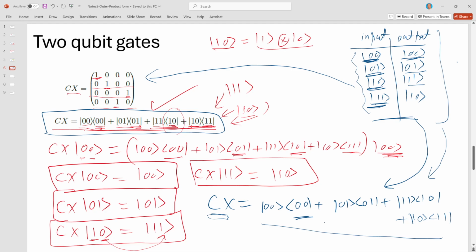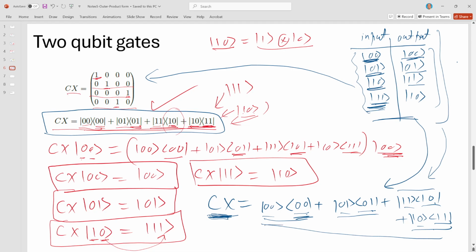So I can write all of these four terms independent of each other, because when a basis state comes from the right, it can have a non-zero inner product only with one of the terms here. So the input column goes on the right side and the output column goes on the left side. This outer product form of operators has this intuitive feeling.